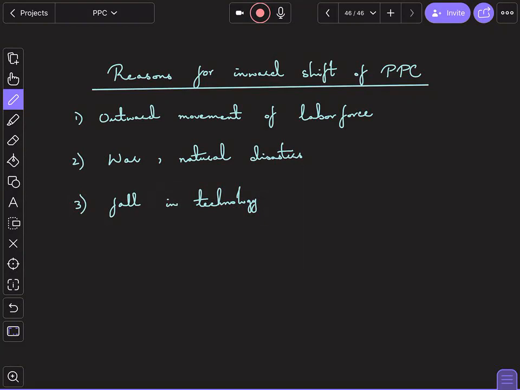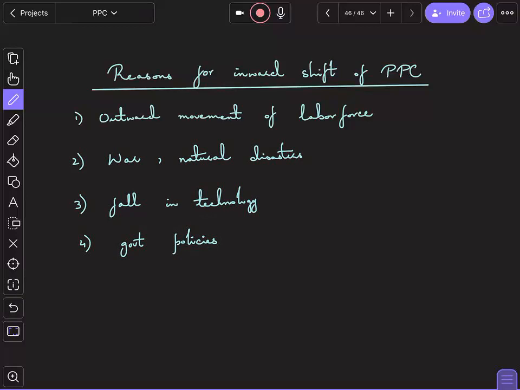Other reasons can include government policies. So let's say if the government policies are not investor friendly, or businesses are not accepting the policies of the government, such as high taxation, high corporate taxes, policies like nationalization, then there will be an outward flight of capital.